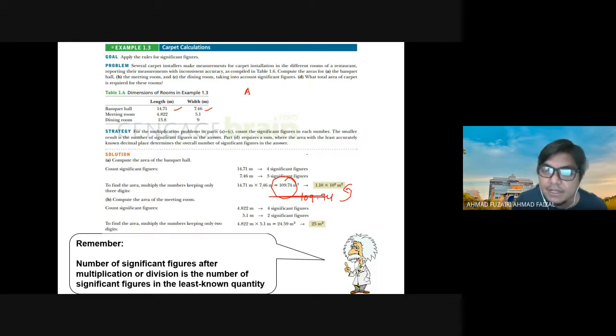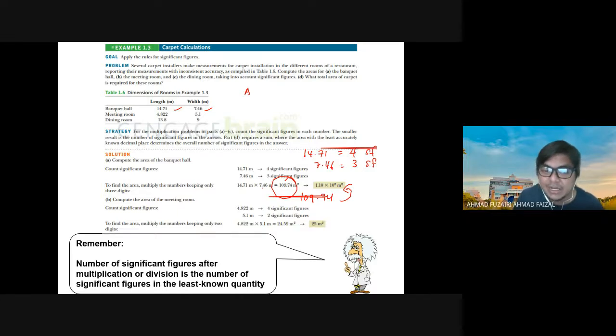Basically, 14.71 has 4 significant figures, SF. However, the width, 7.46, has 3 significant figures. So during the calculations, the final answer should follow the least significant figures inside the question.